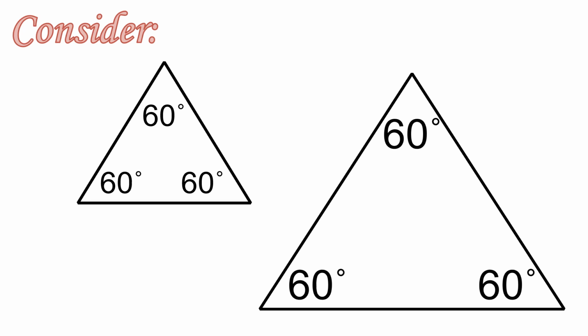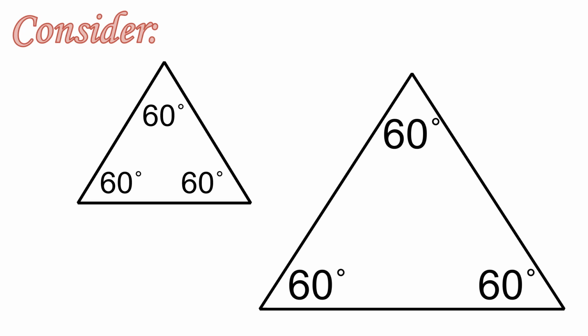But if you're going to look at the measures of its sides, they are different. Then we can say that the two triangles are not congruent. That is why there's no AAA postulate.